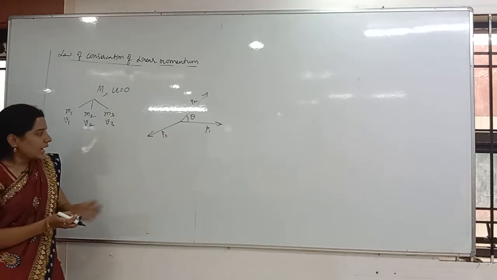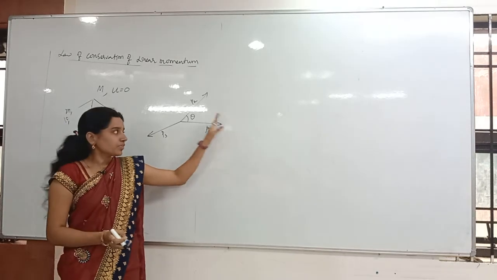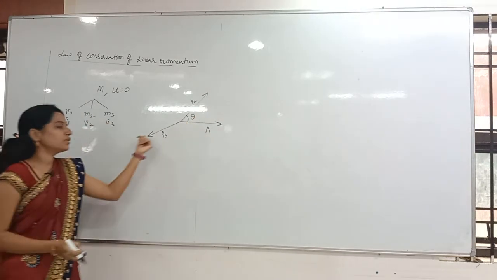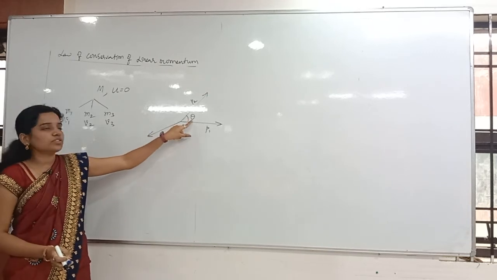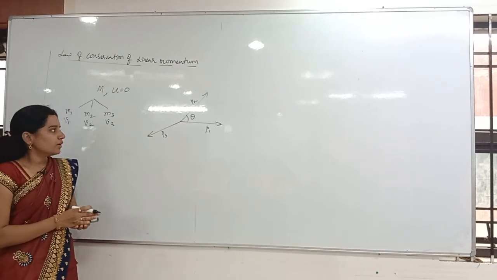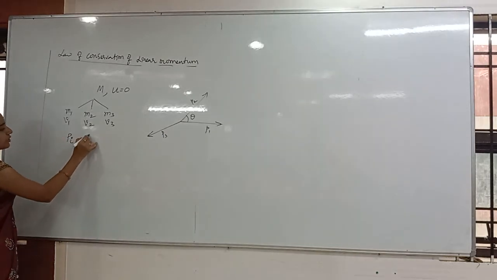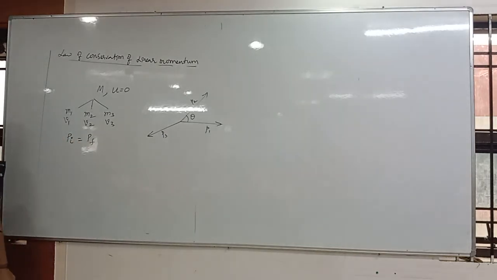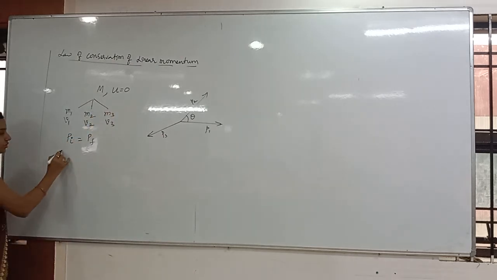So here, after explosion, let me take the first particle moving in this way, the second one moving in this way and the third one moving in this way. The angle between the first and second I have taken as theta. Now, what is the conservation of momentum? Momentum initial is equal to momentum final. Before explosion, the momentum is M into 0, total 0.